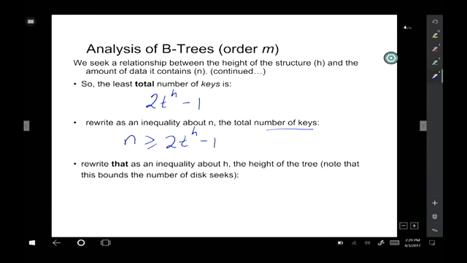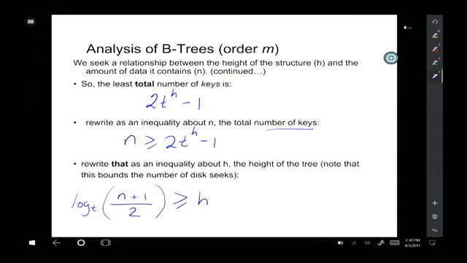And then we're just going to invert that expression because our disk seeks are in terms of h. I want to know some bounds on the height. So I can do that. That's n plus 1 over 2, right? Take the log base t of that. Did I do that right?